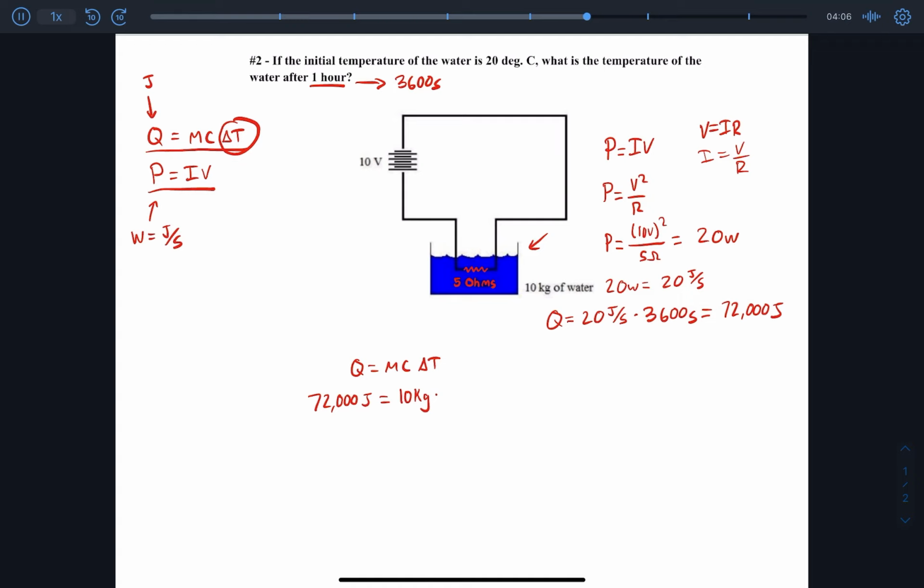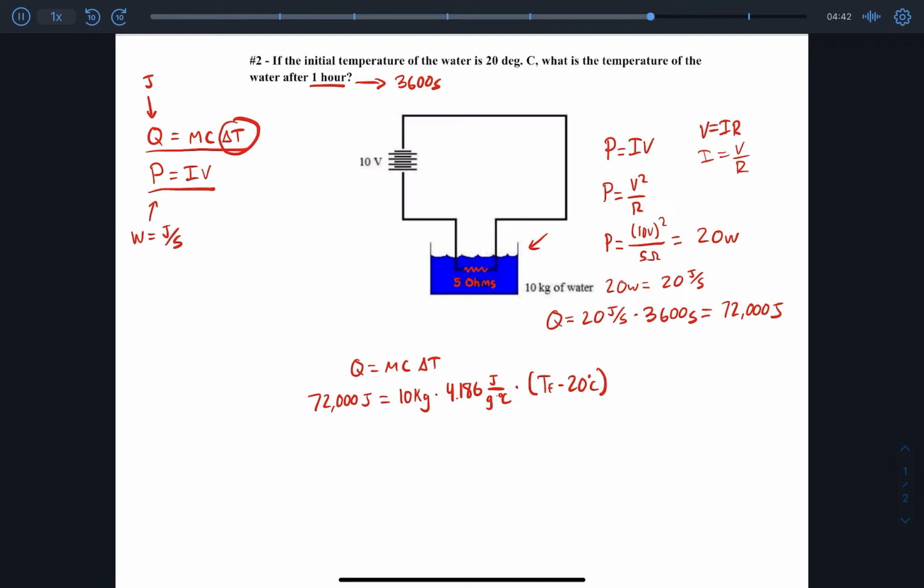It's 4.186 joules per gram times degrees Celsius. And then we've got our delta T, which we can say is T final minus T initial. And we know that our T initial is 20 degrees Celsius, so we can just plug that directly in. And so now we're left with one equation and one unknown, and we can solve for our final temperature.